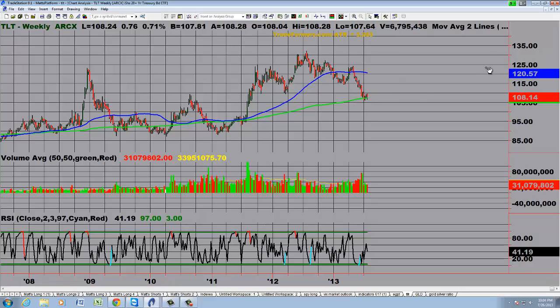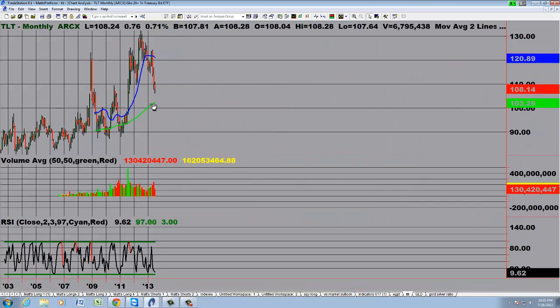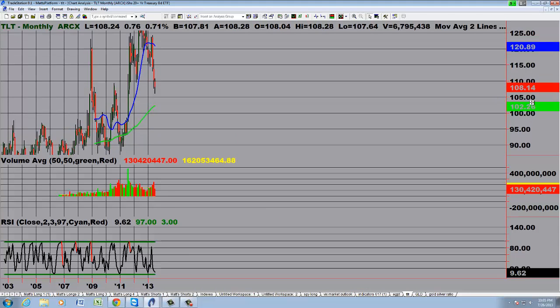If we break down under here, the last real vestige of support would be the 80 monthly moving average, and that's more around the 102.25 level.